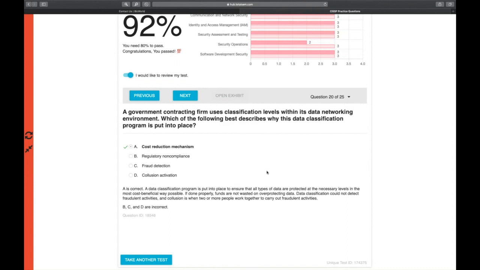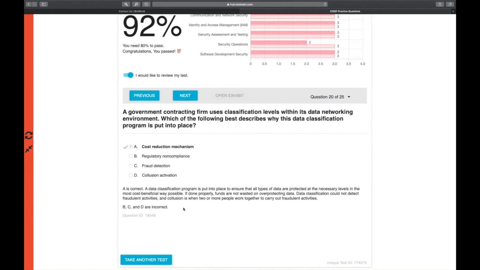Cost reduction mechanism. Yeah, so this is one we couldn't justify, but a data classification program is put into place to ensure that all types of data are protected at the necessary levels in the most cost beneficial way possible.